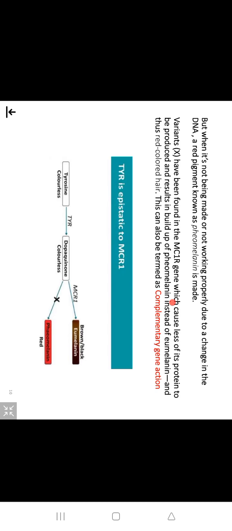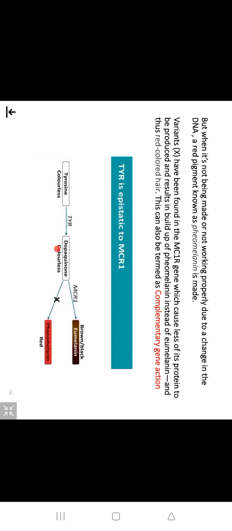Instead, it is converted to another pigment known as pheomelanin. When the MC1R gene is not working properly due to a change in the DNA, those individuals with the recessive allele at the MC1R locus are not able to transform tyrosine to eumelanin, and the tyrosine is converted to pheomelanin, which is reddish.